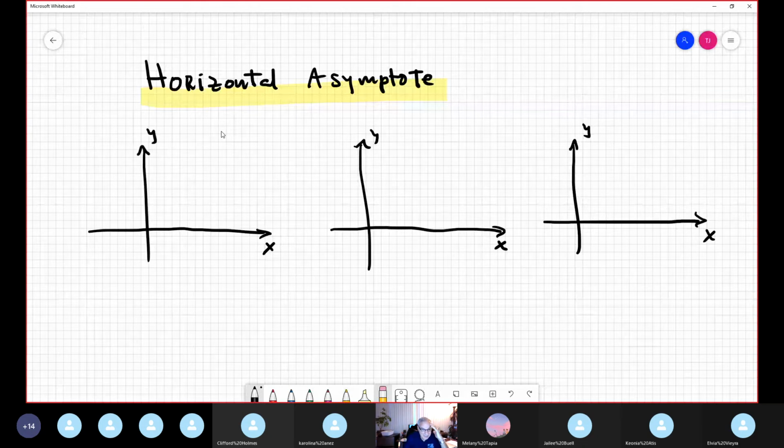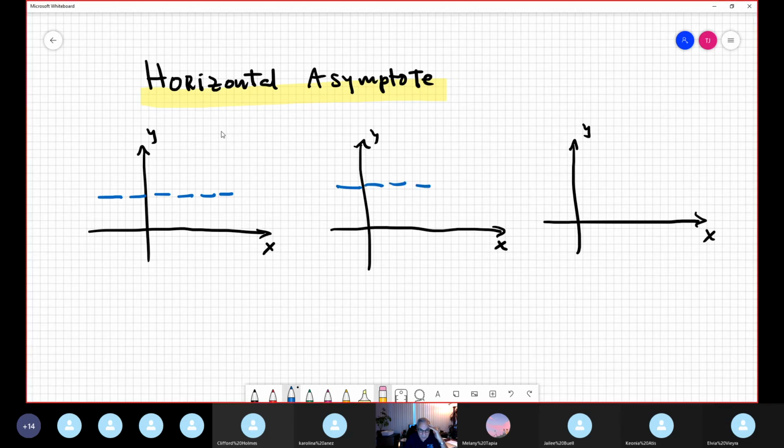Horizontal asymptote. Suppose it looks like that. Horizontal. Maybe like that. Okay, again it approaches but never touches.